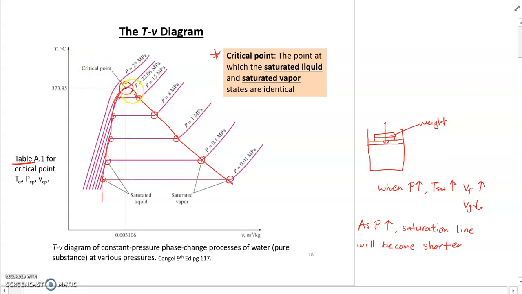That's the dome. Whatever is underneath this dome is your saturated liquid-vapor mixture.